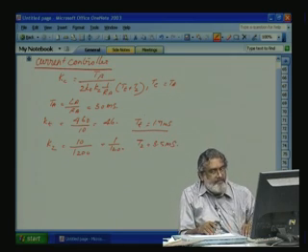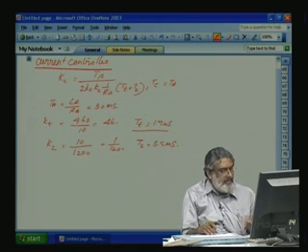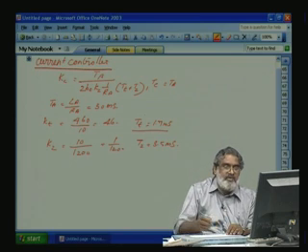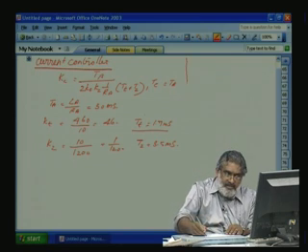With this, we can substitute these values in the equation and find Kc.